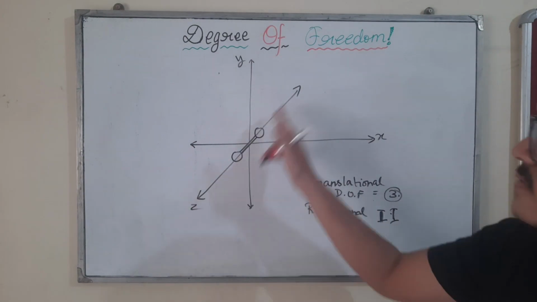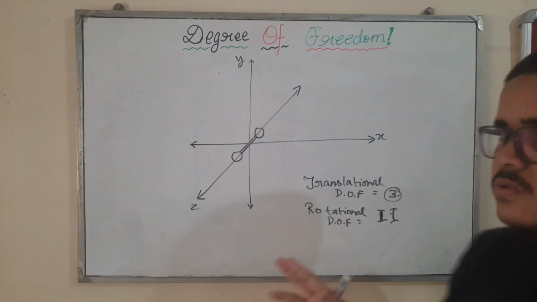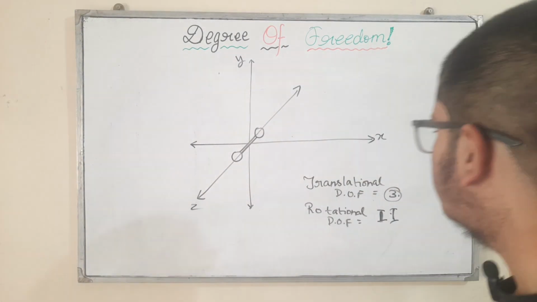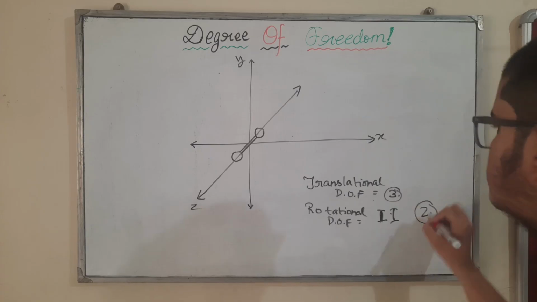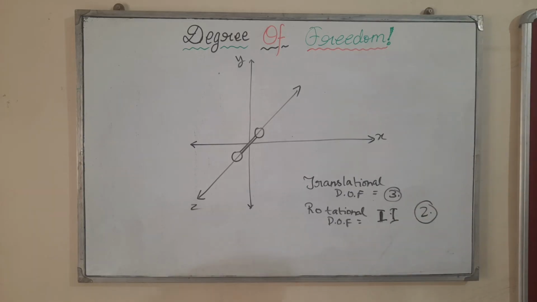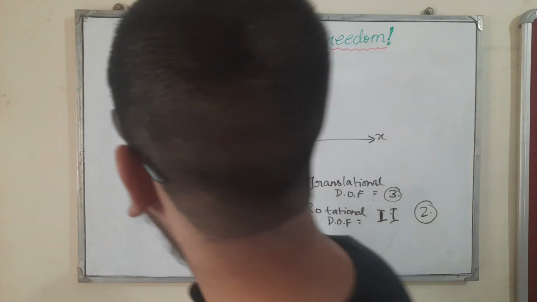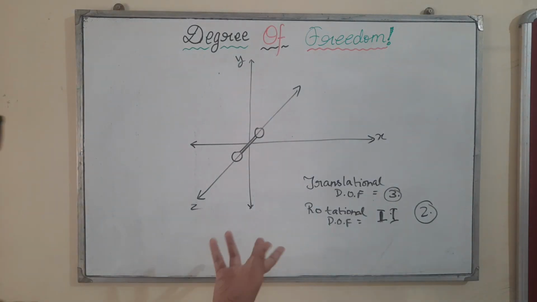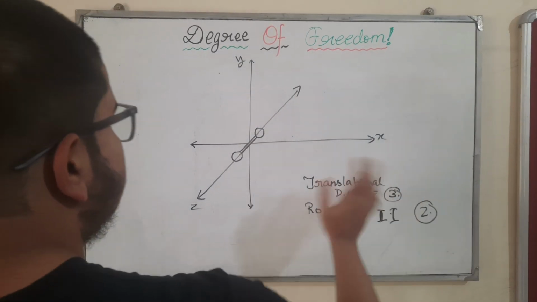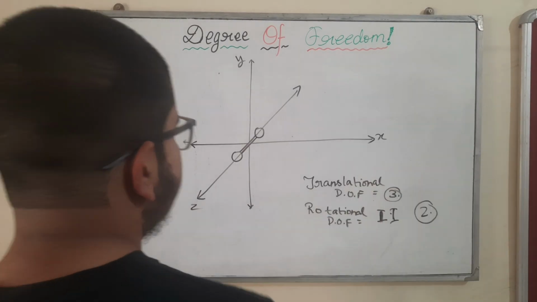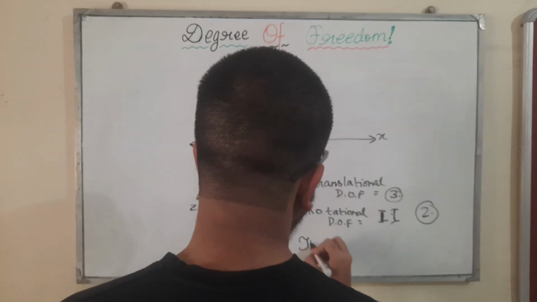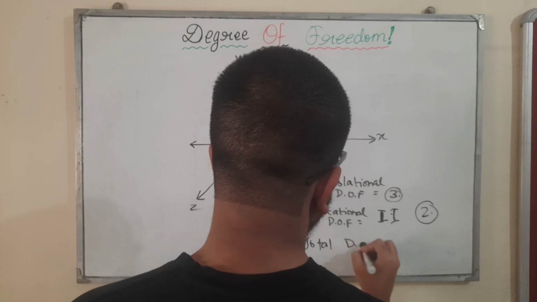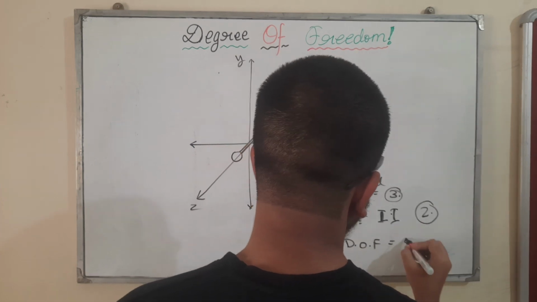Only about the z-axis does it not show any perceivable rotation. So I have my rotational DOF as 2 in the case of oxygen. Diatomic molecules are always linear, and they show 3 translational DOF and 2 rotational DOF. So the total degree of freedom is 3 plus 2, which is 5.